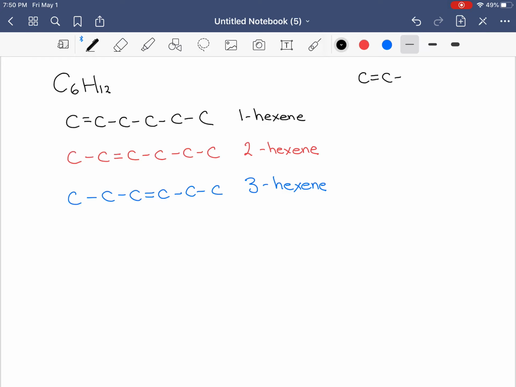First, we have a 5-carbon chain with the double bond between carbon 1 and 2. So this is going to be a 1-pentene. The side group I can put over here. Okay, this will be called 2-methyl-1-pentene.